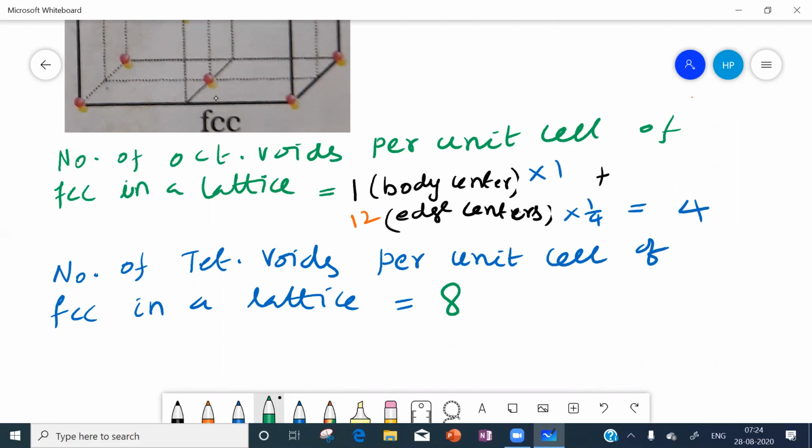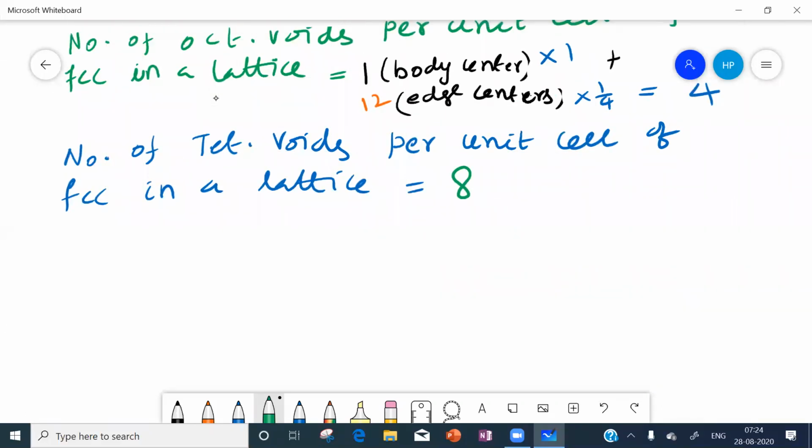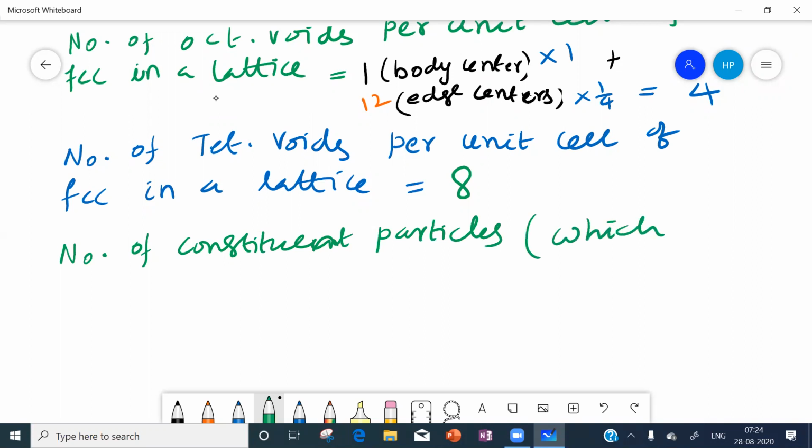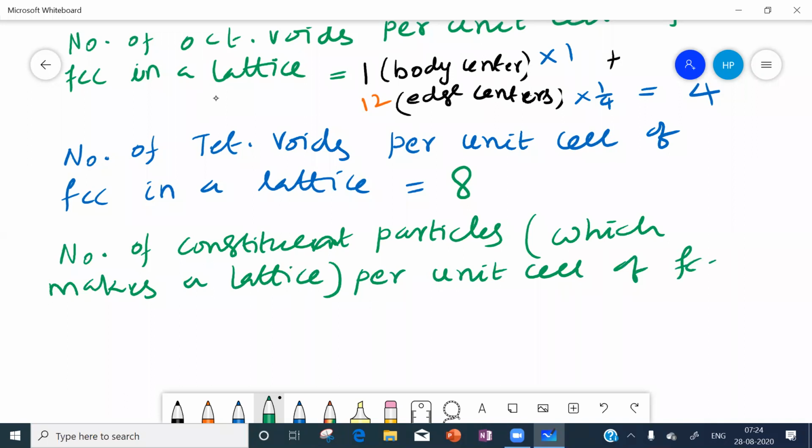Now we will go to the next point. The number of constituent particles which make a lattice, that means these particles are making the lattice. The number of constituent particles per unit cell of FCC lattice.